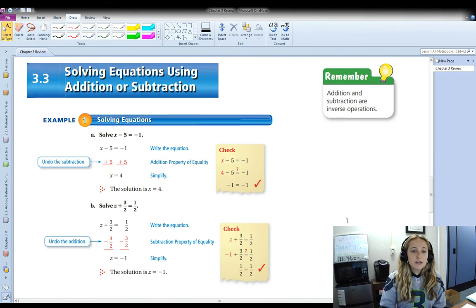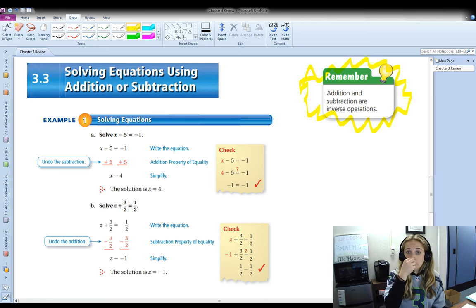So solving equations using addition or subtraction. Remember, look over here. Addition and subtraction are inverse operations. That means that they cancel each other out. So let's peek here. When we're solving equations, you always want to look at the side with the variable on it.